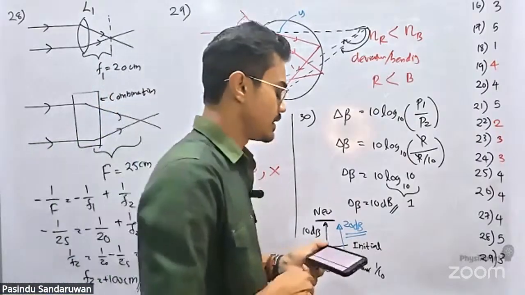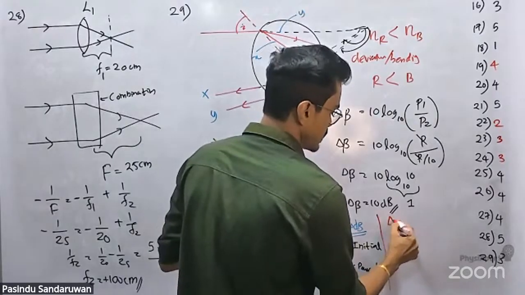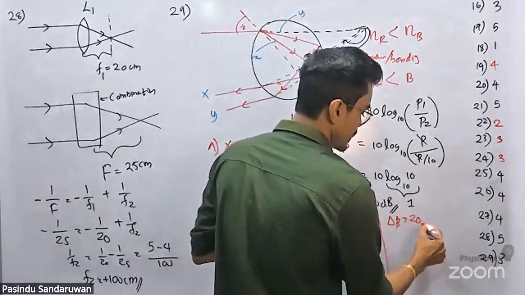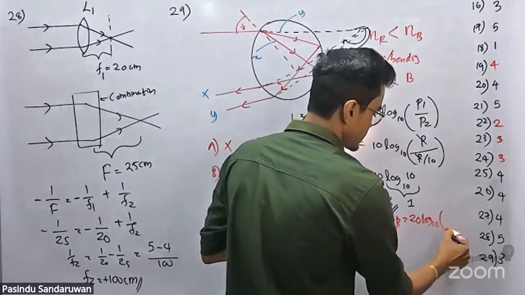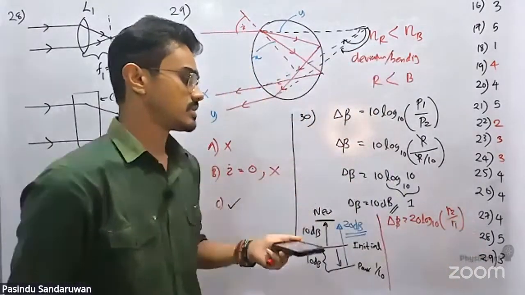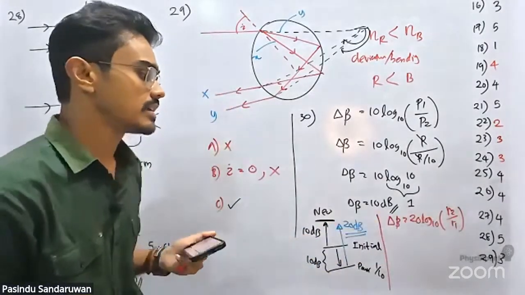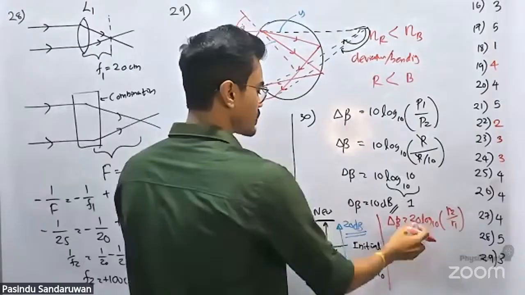Then use the delta beta equation of length. Delta beta equals 20 log base 10 R2 over R1. Change of intensity level with distance. In the distance equation, we have 20 log, not 10 log.